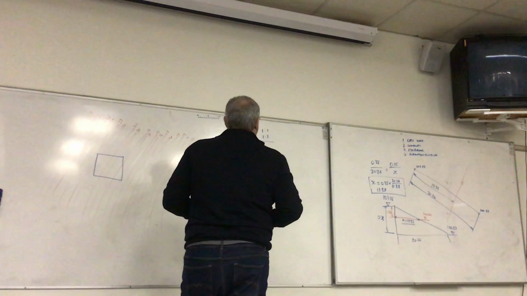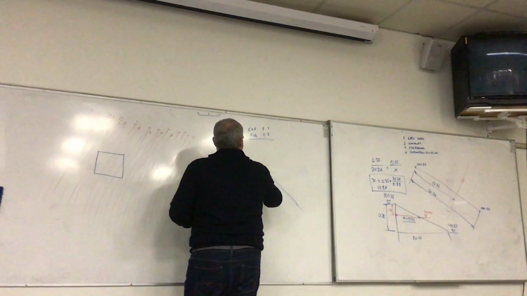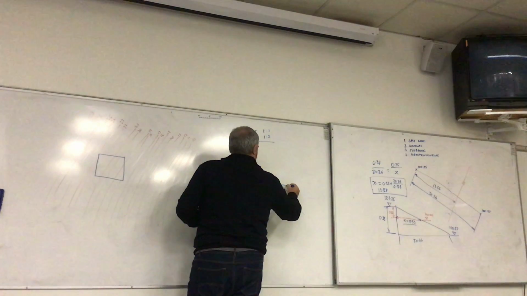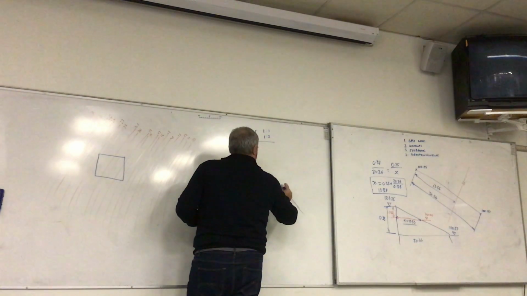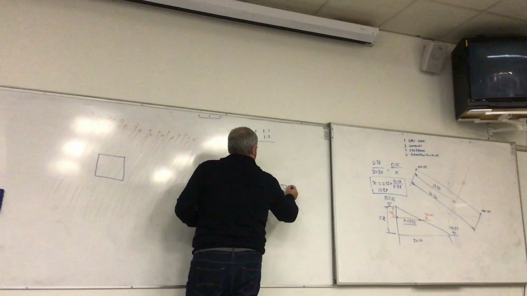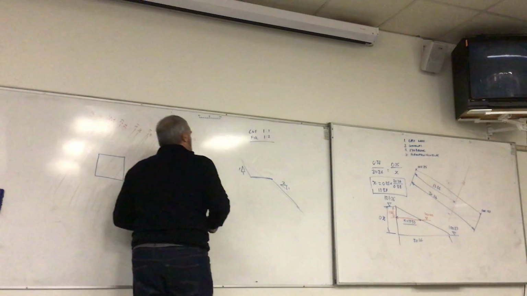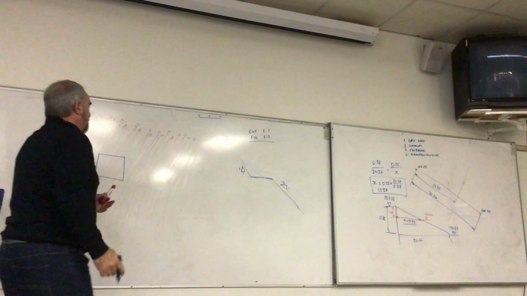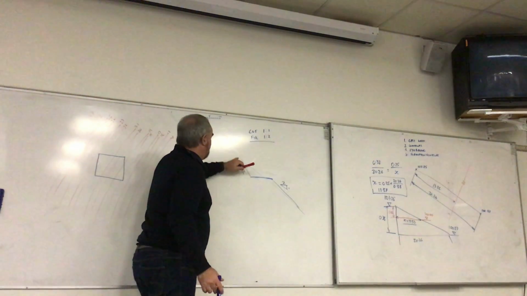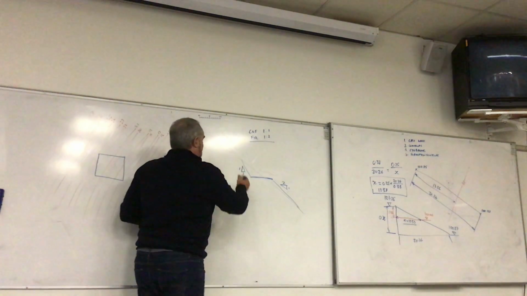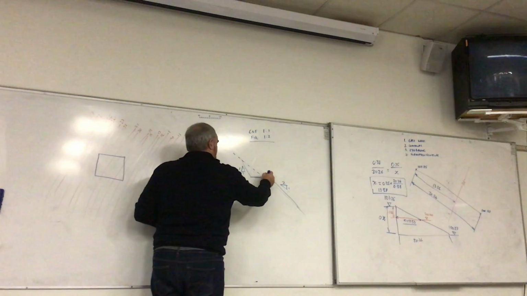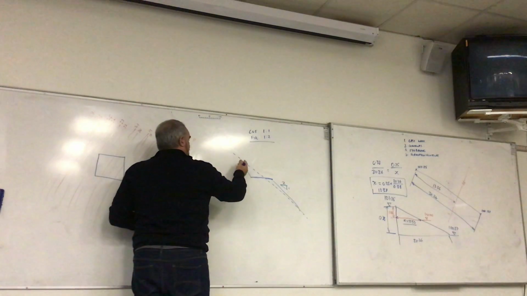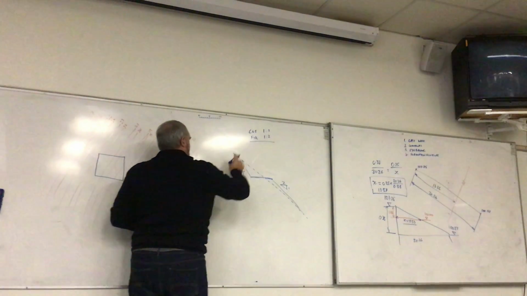The first thing that we need to ascertain is what's cut and what's filled. Well, the cut side of the platform is going to be where the existing ground, this is existing ground here, where the existing ground is going to be higher than the platform.